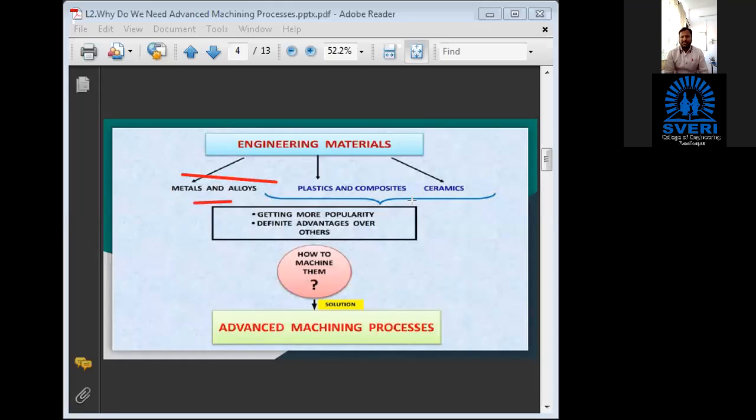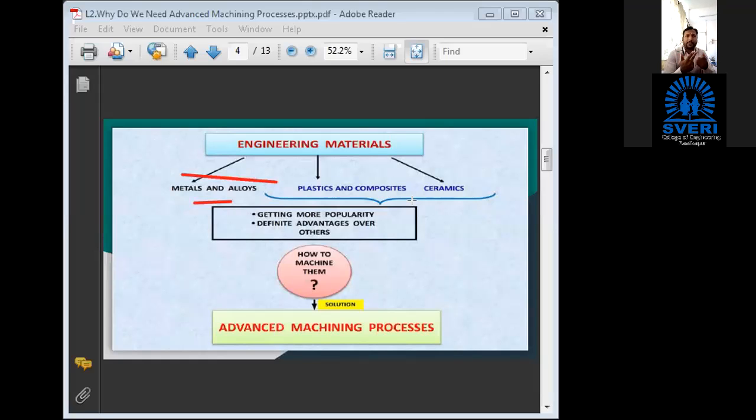Now, in today's days, plastics, composites, and ceramics are most popular among industries.